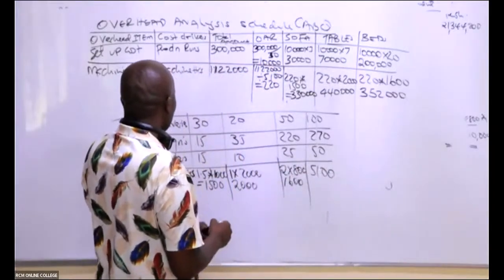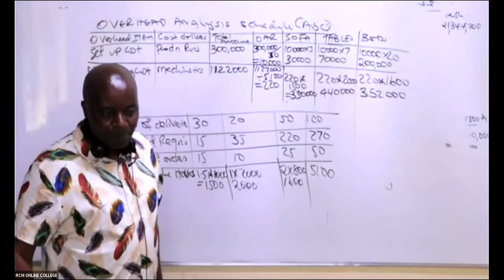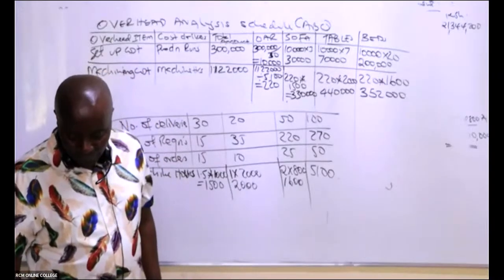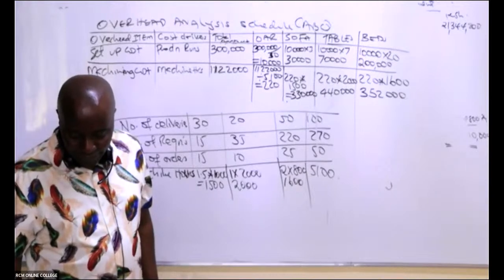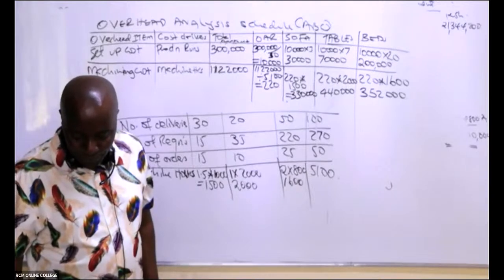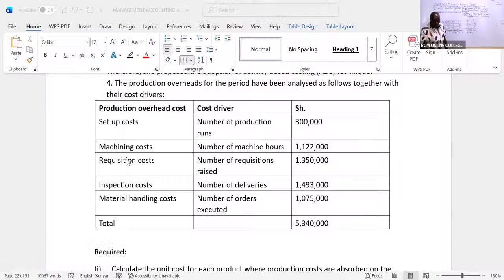After that, the next one, ladies and gentlemen, that we have there is known as what here? Requisition cost. Please go ahead and do the entries for me. So we have requisition costs.